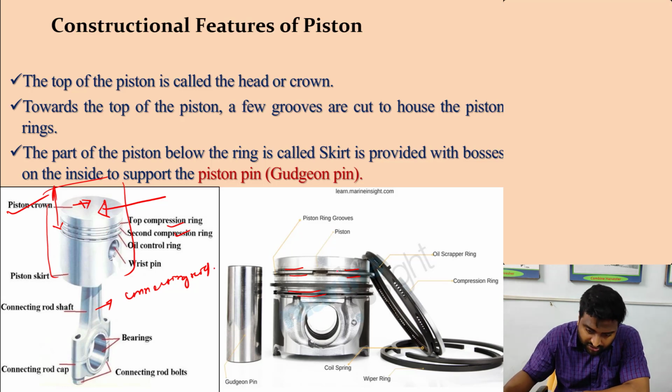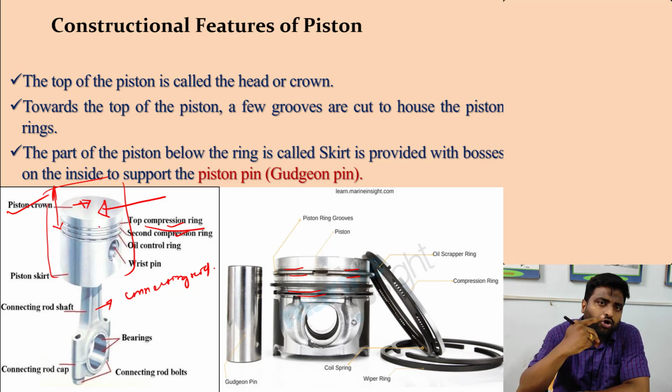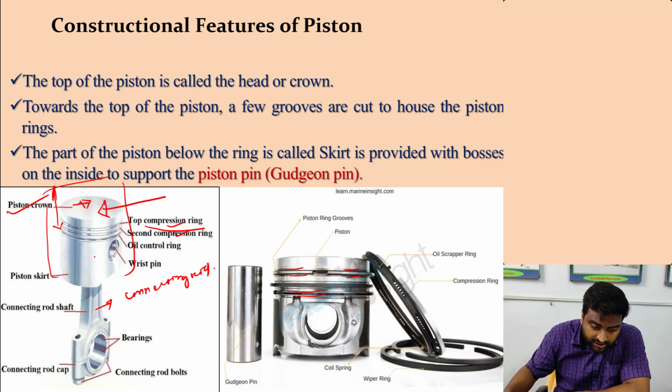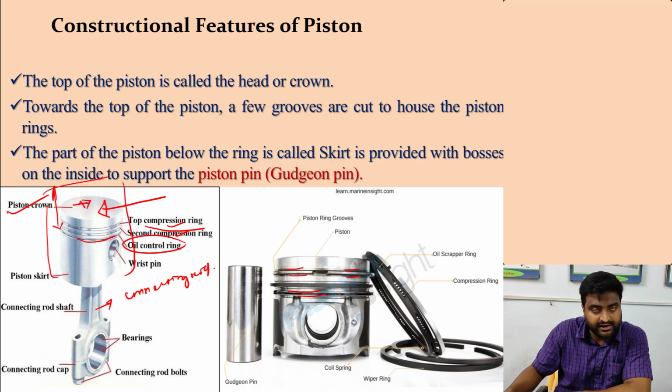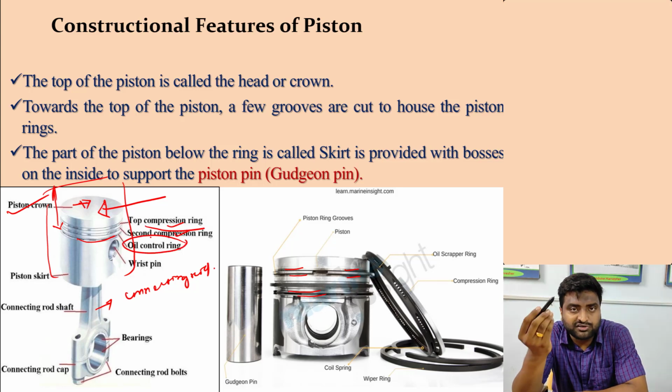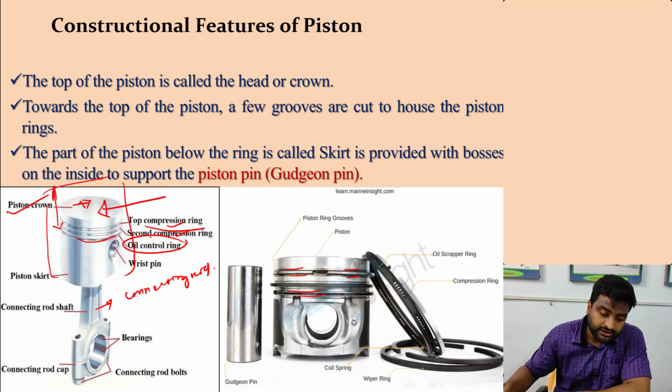Generally 1 or 2 compression rings are there, and the next one is the oil ring. The first one is the compression ring, and the next one is the oil ring.